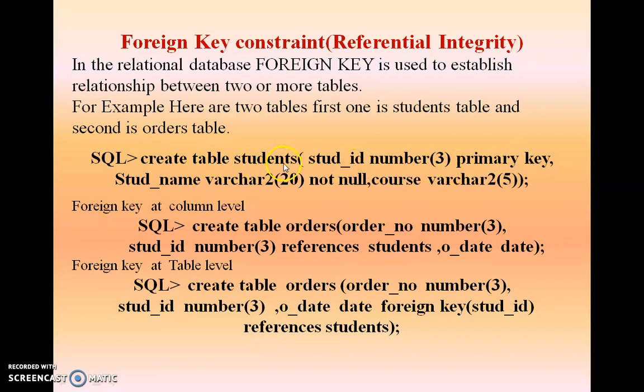Then this table becomes a primary table when creating a relationship with another table. This primary key column is referred to by another table to establish the relationship between two or more tables, so this table becomes the primary table, the master table.